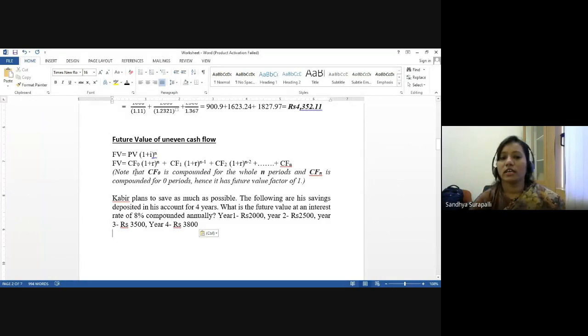So here first year means we will take CF naught, that is first cash flow. So future value. First year's cash flow, how much? 2000 is the saving.